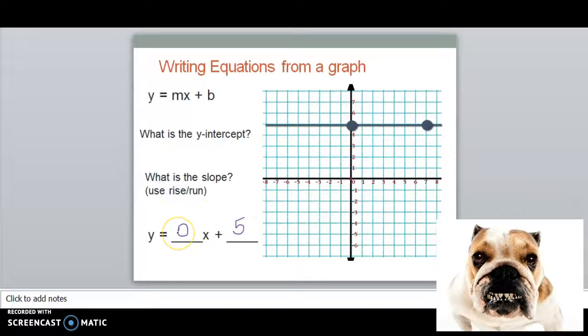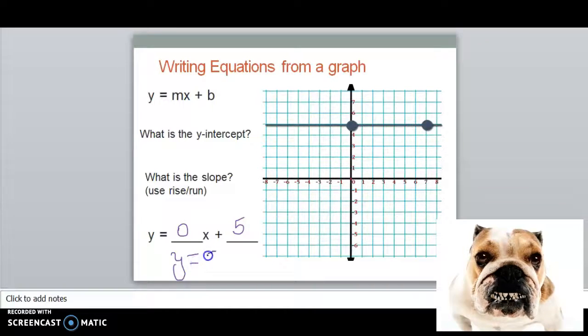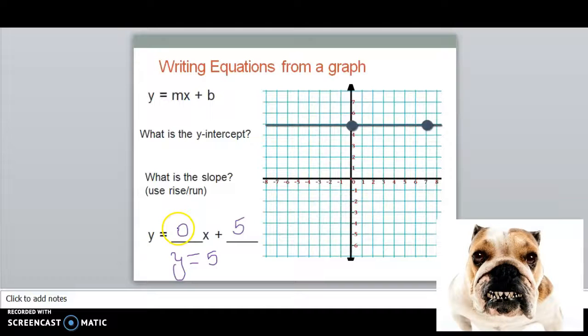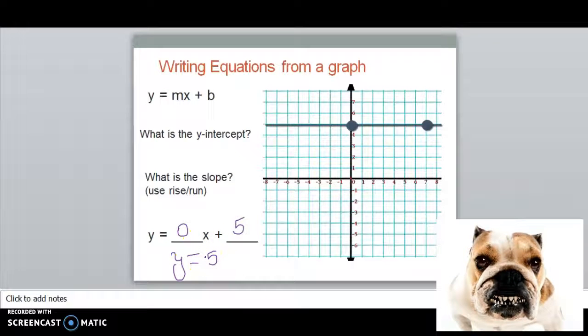This equation can be simplified to y equals 5, because 0 times x will automatically result to 0. Therefore, it cancels out. So any line that's horizontal is going to be an equation where y is equal to where that line crosses the y-axis.